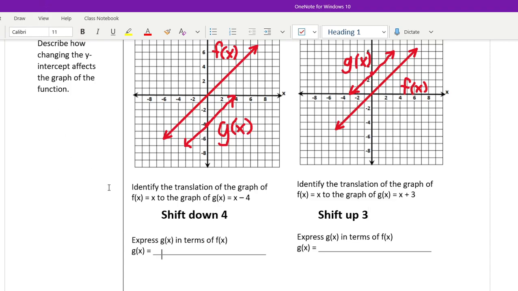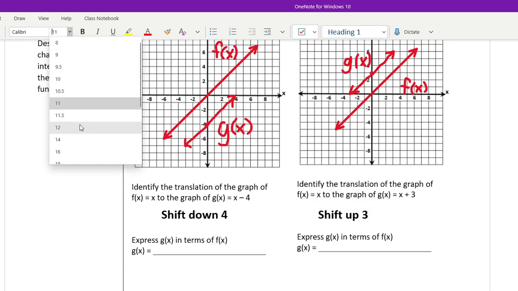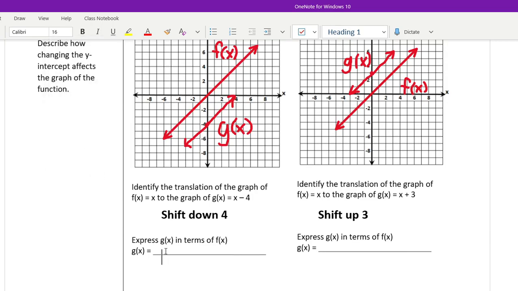So how we explain this in terms of f of x is that our g of x is our f of x, but as I stated, it is shifted down 4.